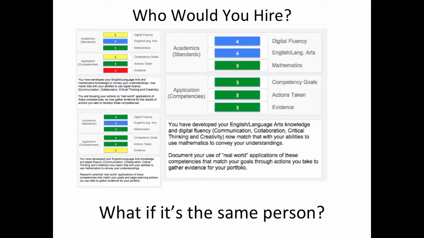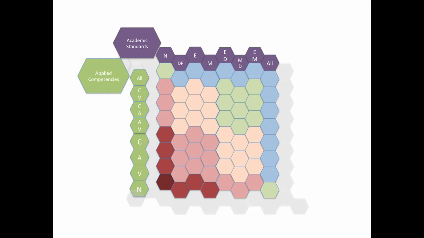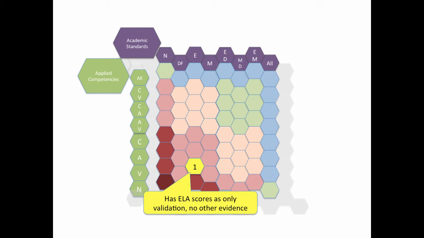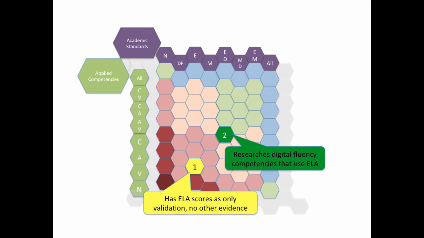The difference is what they've done over time and how much time it took. So we can see this in the matrix. In the first situation, the person began with only ELA scores as their evidence, no other evidence of validation. Taking the advice that was shown, they began researching digital fluency competencies that used the strengths of their ELA.